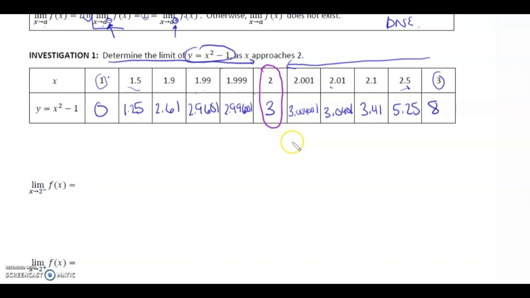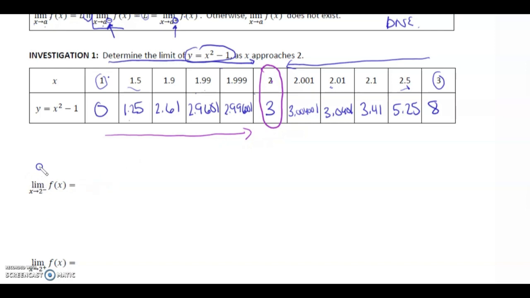Limits just mean what the graph is approaching. If we see the trend in these numbers, 0, 1.25, 2.61, 2.9, 2.99, 3, as we move in and in until f of 2, but again, f of 2 doesn't matter. That comes up in continuity, but we are approaching the number 3.